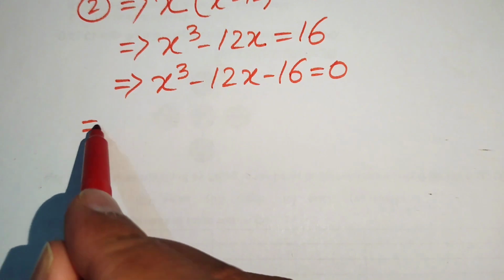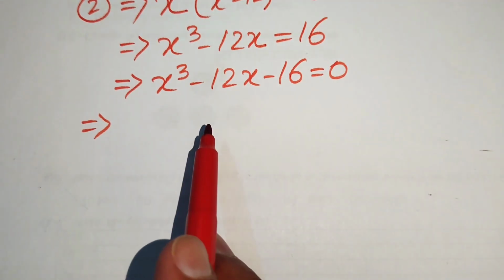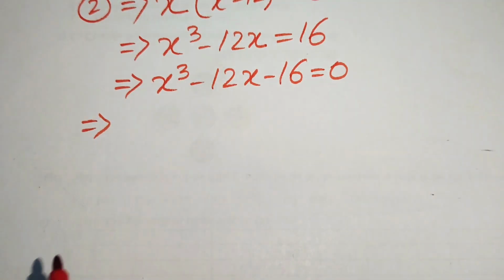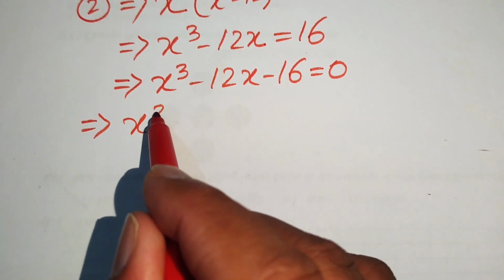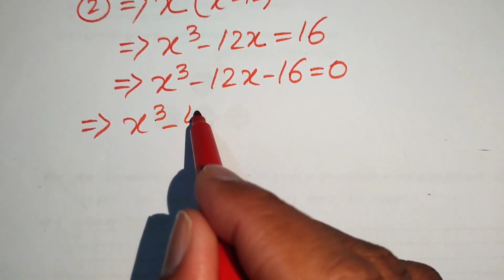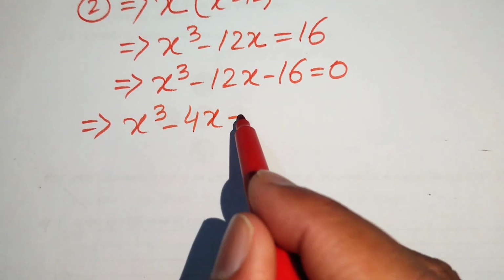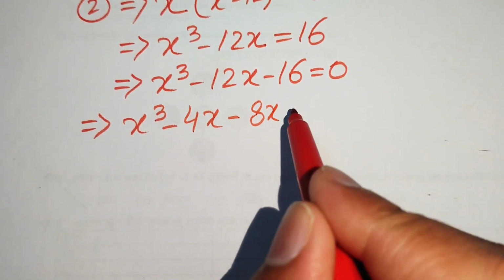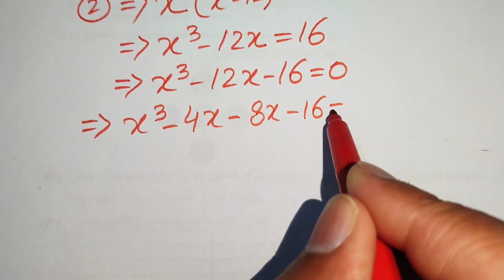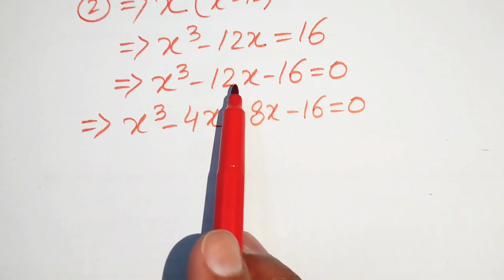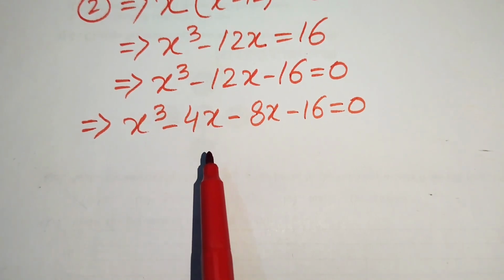Now we break its middle term. Our middle term is minus 12x, and we write it as x cubed minus 4x minus 8x minus 16 equals 0. Here we write this minus 12 as minus 4 minus 8.